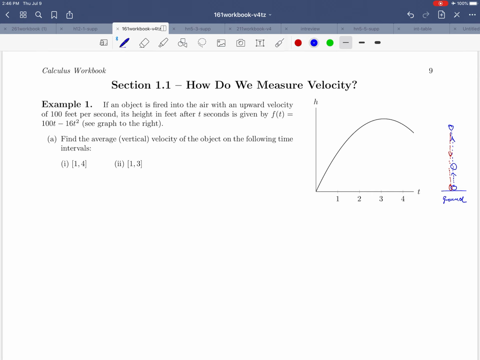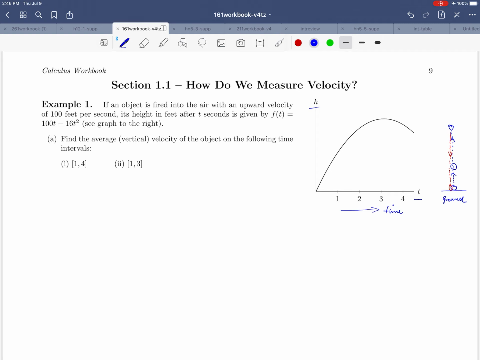We can visualize the height of this object with our graph. So over here we have a graph that has time on the horizontal axis and height on the vertical axis. And you see the same idea that I drew over here on the right. As time goes on, so time is moving this way, our object is gaining in height.